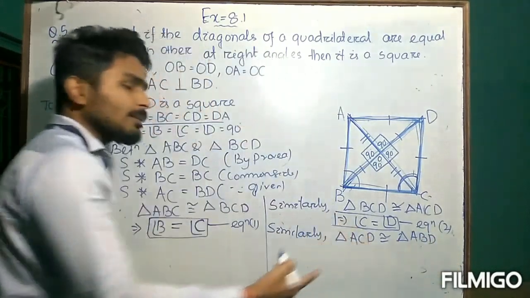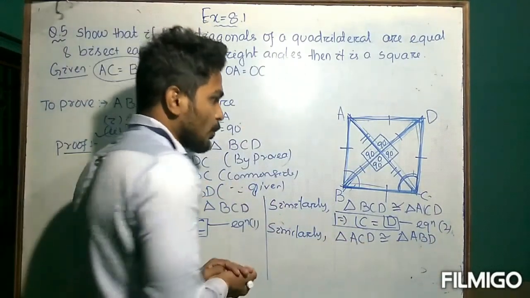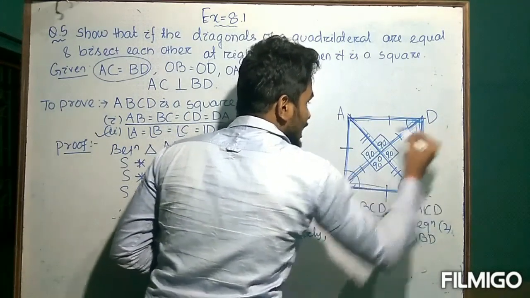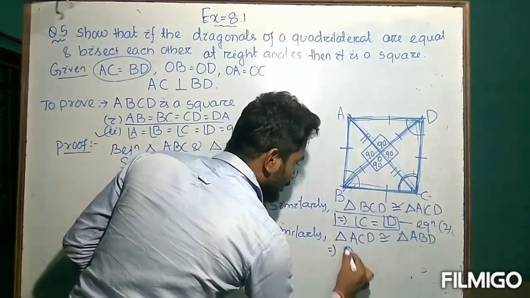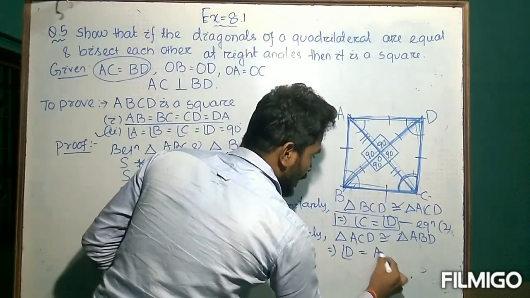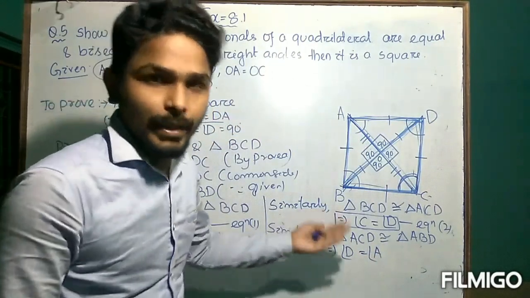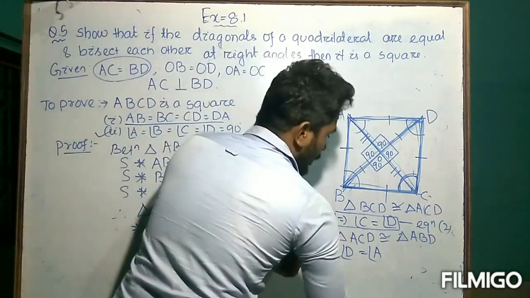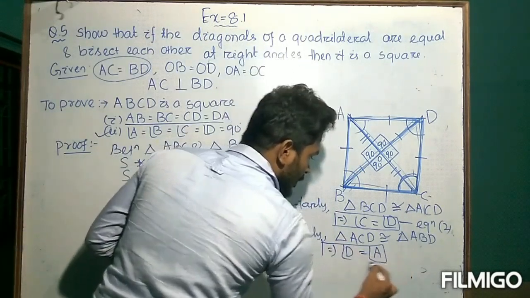That means their corresponding angles must be equal. For triangle ACD, D is the corresponding angle, and for triangle ABD, A is the corresponding angle. So their corresponding parts must be equal, due to axiom number 7.2.